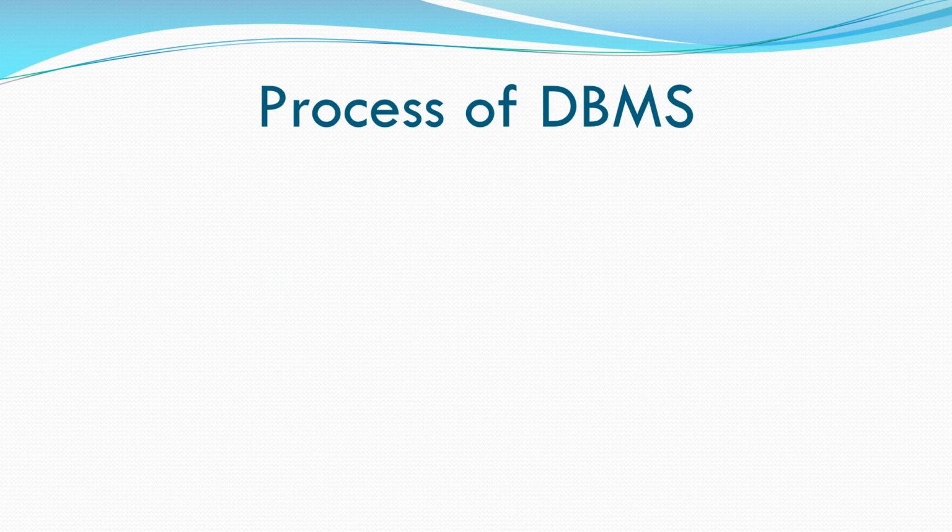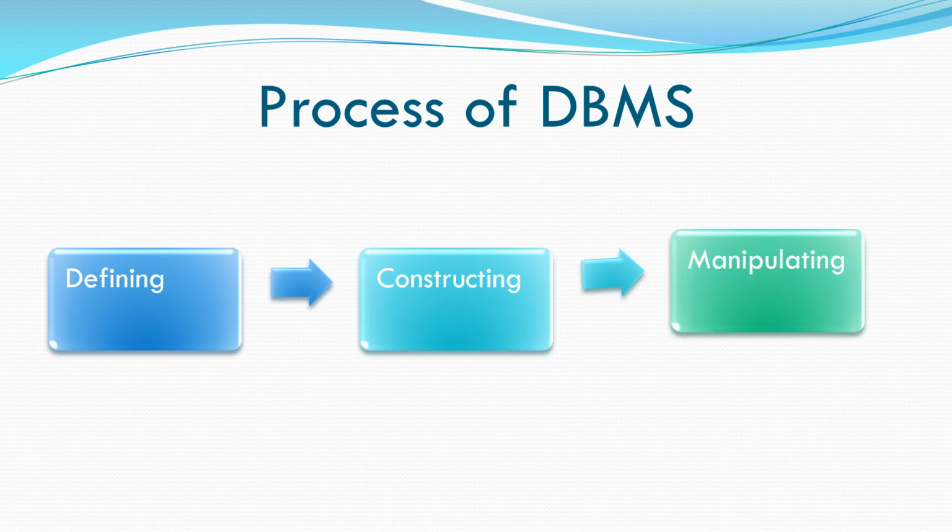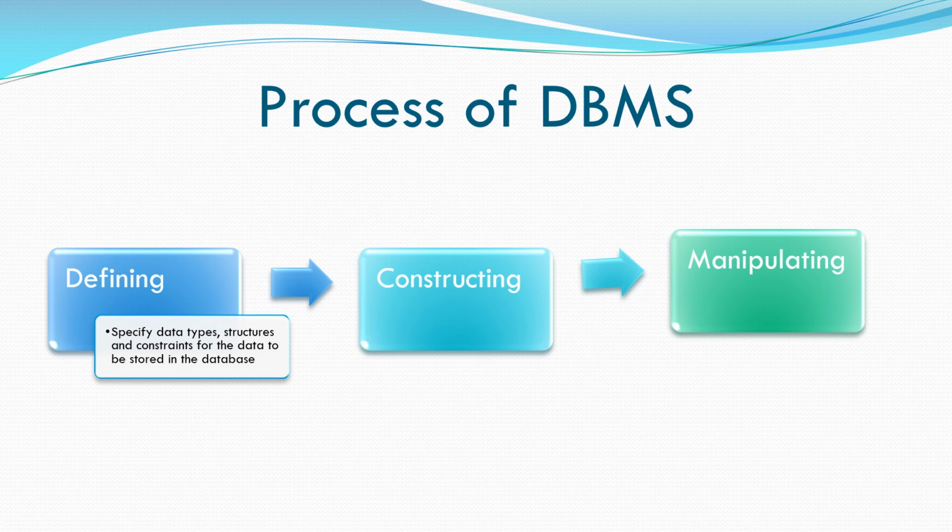The process of DBMS involves three steps: defining, constructing and manipulating. Defining involves specifying the data types, structures and constraints. Constraints means conditions for the data that is to be stored in a database.